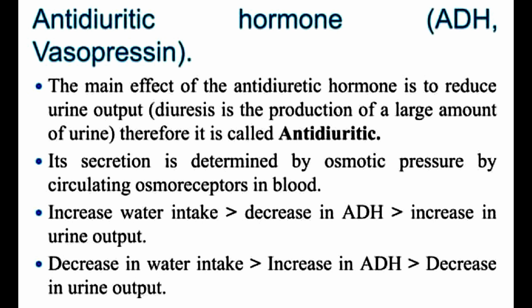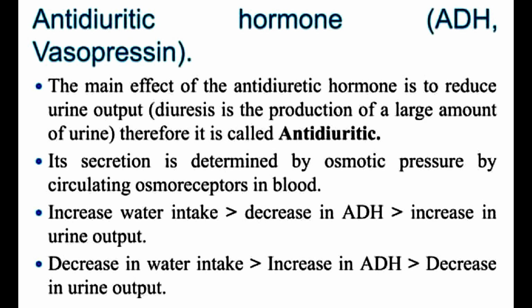What are the two functions of ADH? Retention of water and vasopressor action. It causes retention of water by acting on the kidney. How? It increases the reabsorption of water from the distal convoluted tubule and collecting duct.